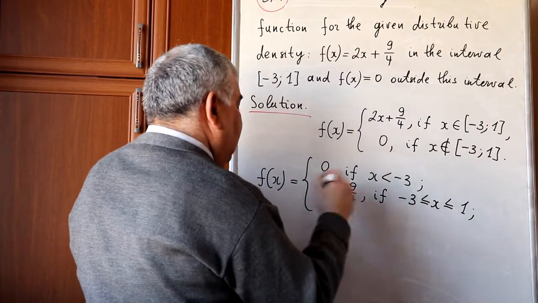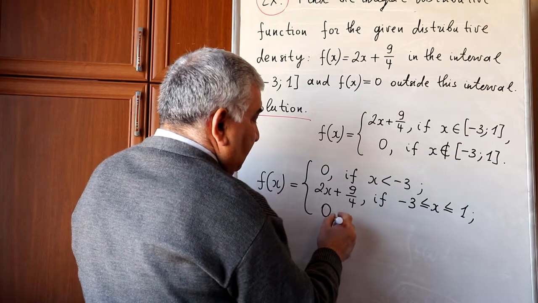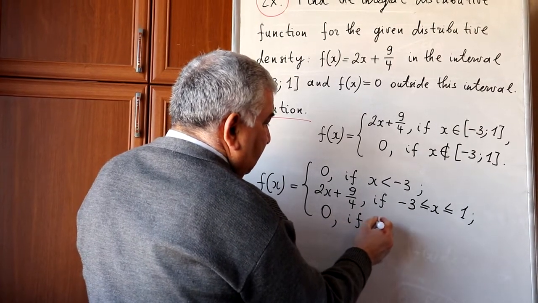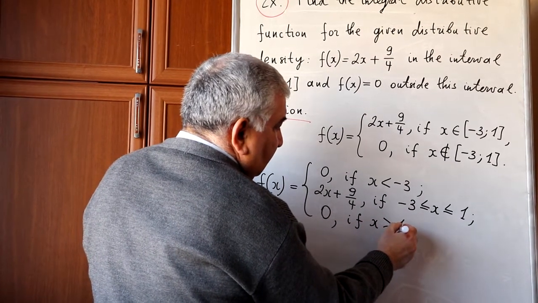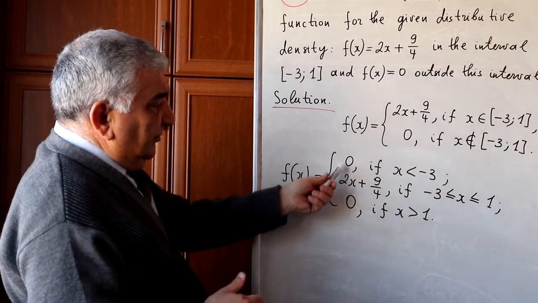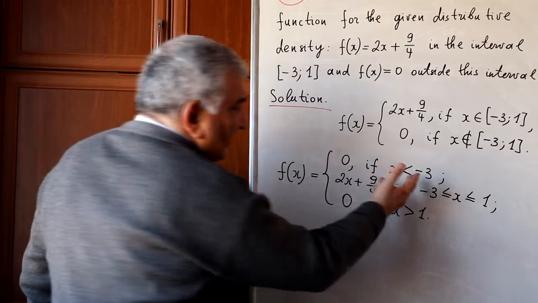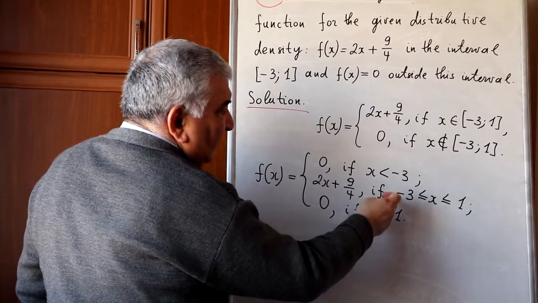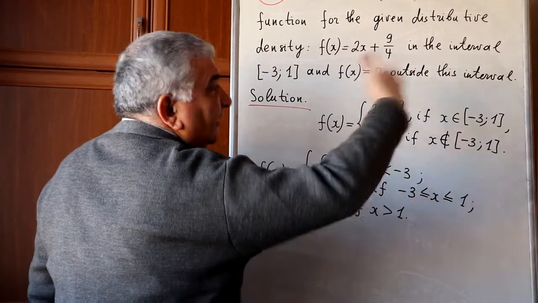And again 0 if x is greater than unit. Already we have three intervals. Before minus 3, between minus 3 and 1, and after 1.